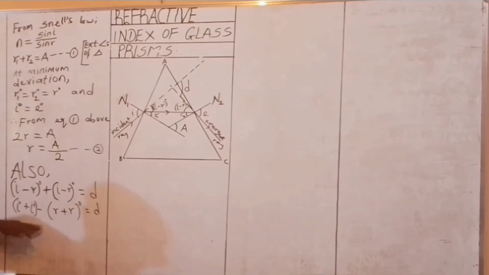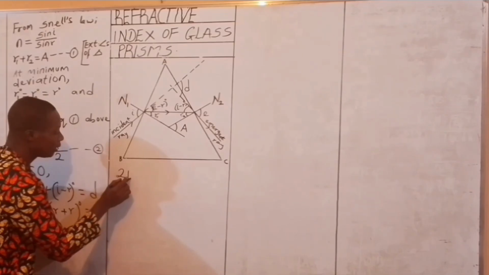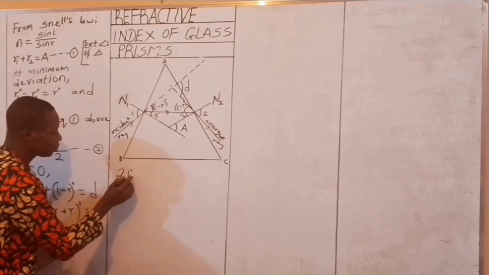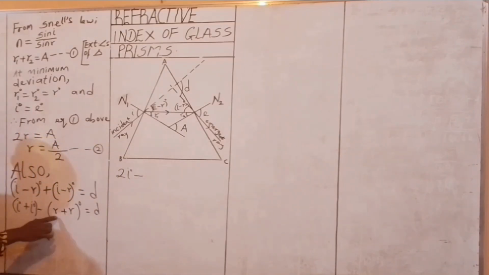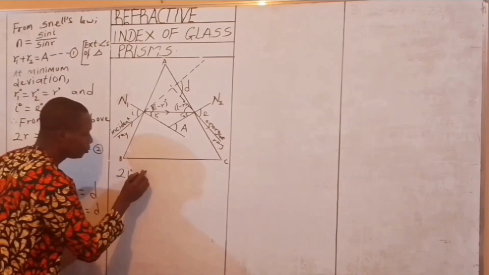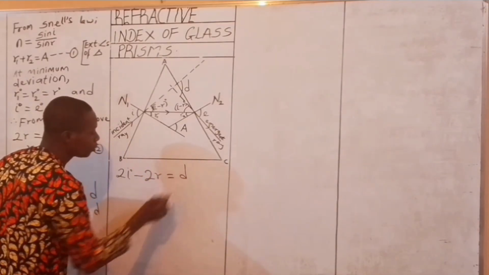So i plus i is 2i. Then minus r plus r is 2r. Then all equals D.